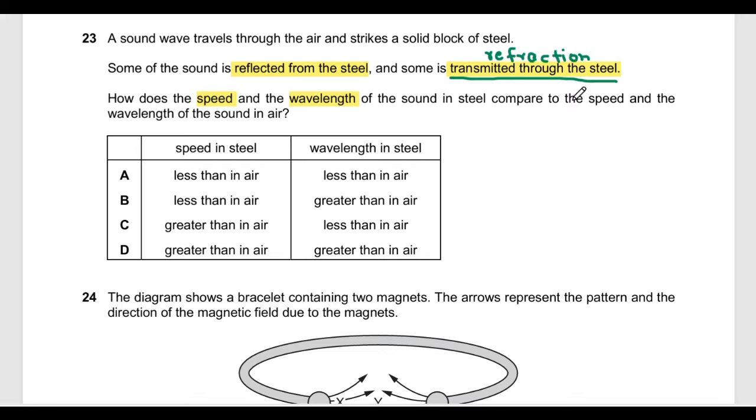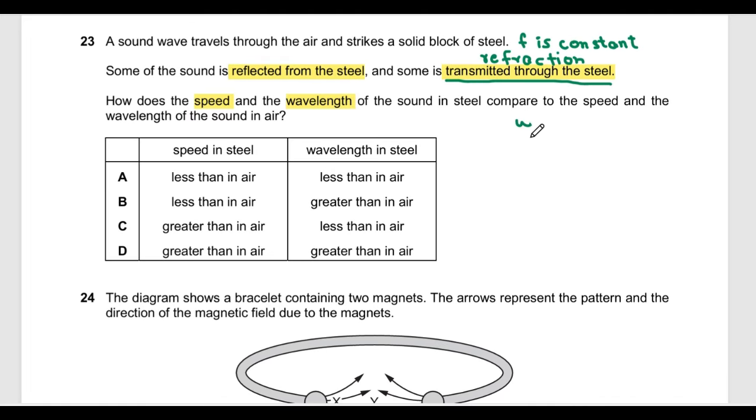And in the process of refraction, the frequency is constant. If we try to figure it out with the wave equation, which is velocity equals frequency times wavelength, and frequency is constant in this process, so velocity would be directly proportional to wavelength.